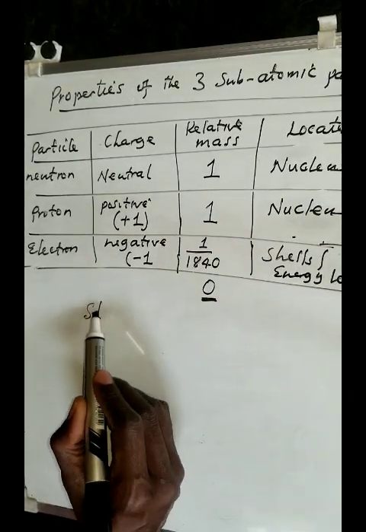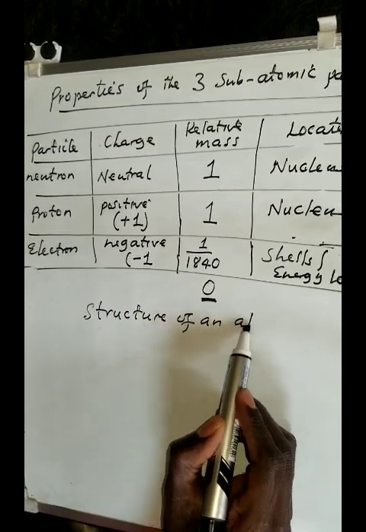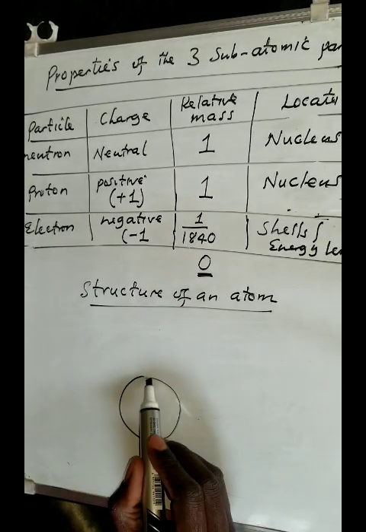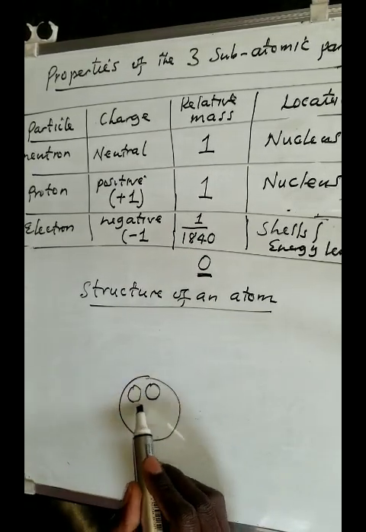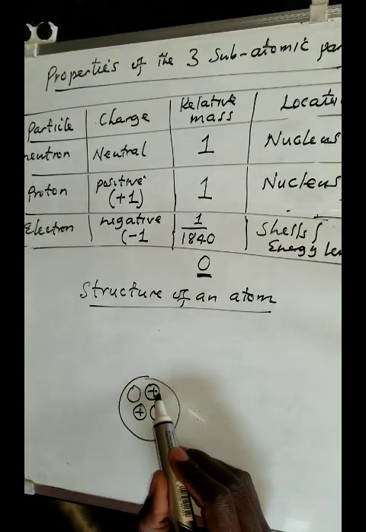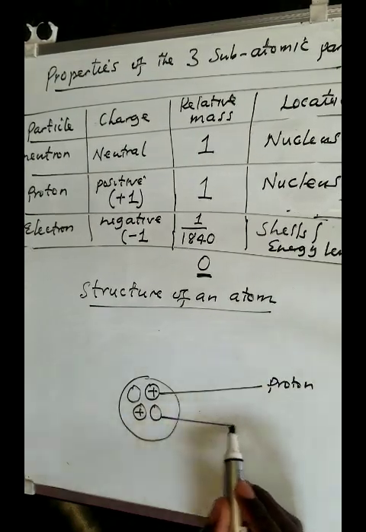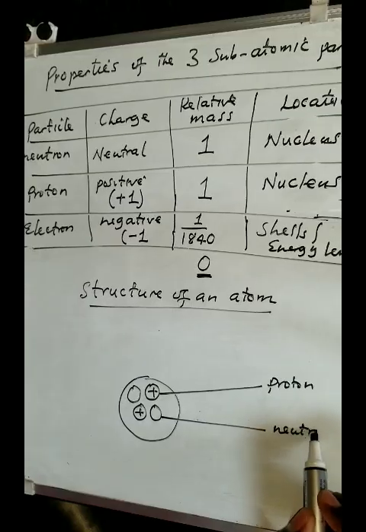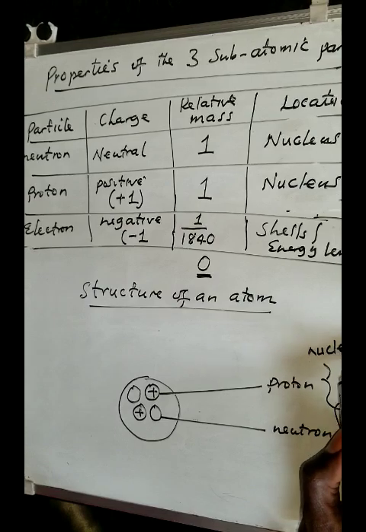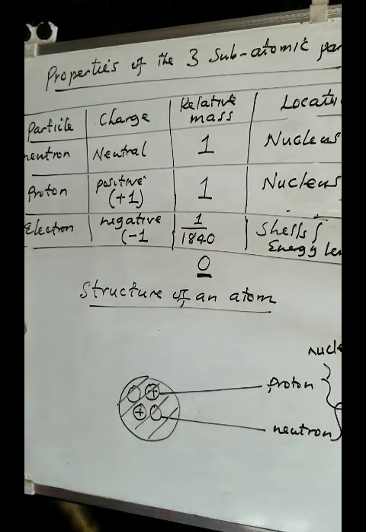So if I was to look at the structure of an atom, this is the way it is going to look. Right in the center, I'm going to have those particles that are positively charged and those particles that have got no charge. The positive ones are the protons, and those that have got no charge are the neutrons, and together they form the nucleus.